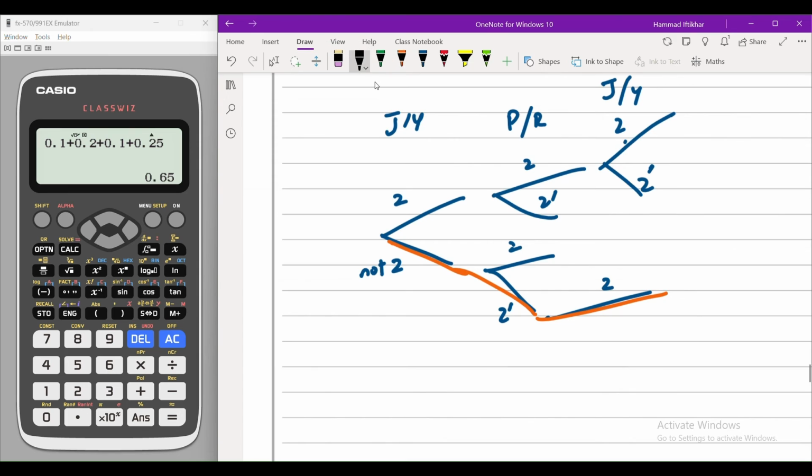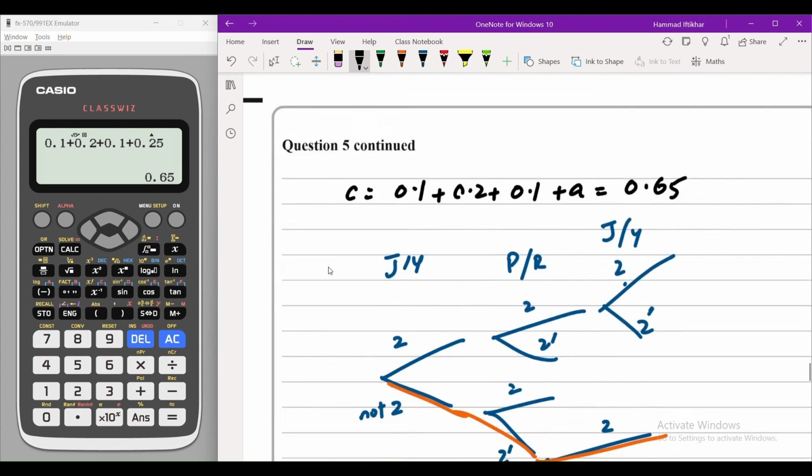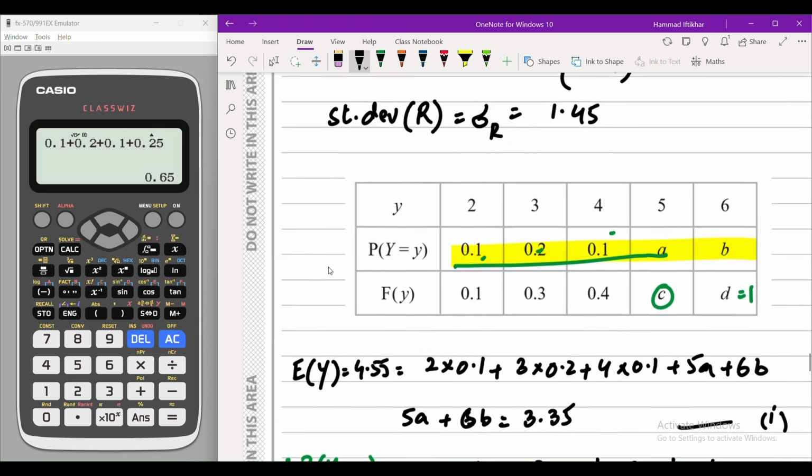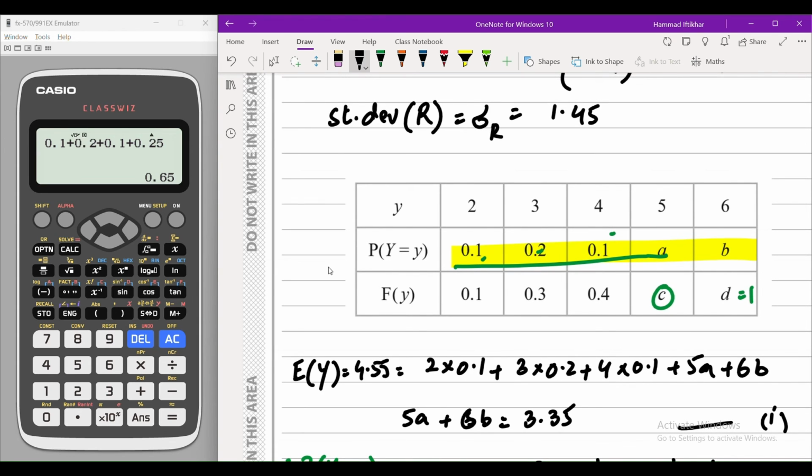So the probability will be not 2 for Jesse, not 2 for red, and then 2 for yellow. Okay. So not 2 for yellow, that is just simply 0.9.